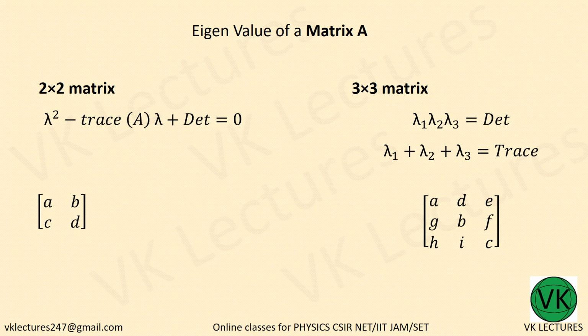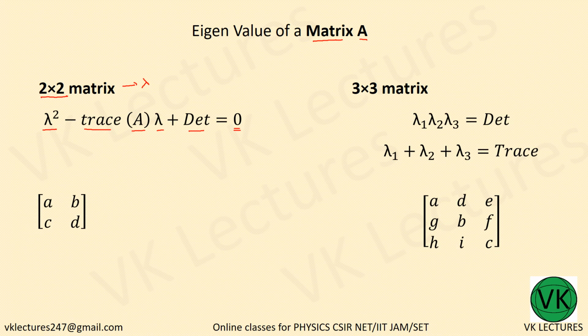Eigenvalue of the matrix A. For a 2 by 2 matrix, you can calculate the eigenvalue lambda by lambda square minus trace of the matrix A into lambda plus determinant equals 0.